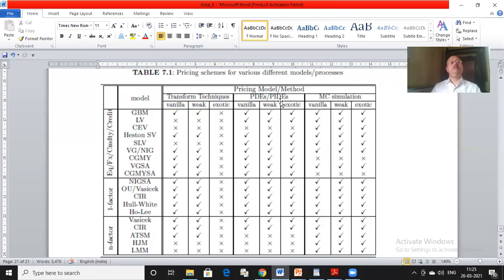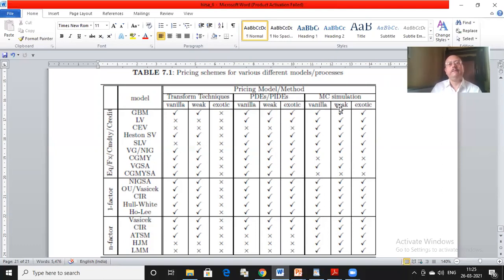Moving on to the next method, which is the method based on PDEs or PIDEs. We are using numerical approximation techniques here. I have a better situation. I can not only compute the vanillas or the weakly path-dependent options, I can also price most of the exotic options using PDEs or PIDEs.